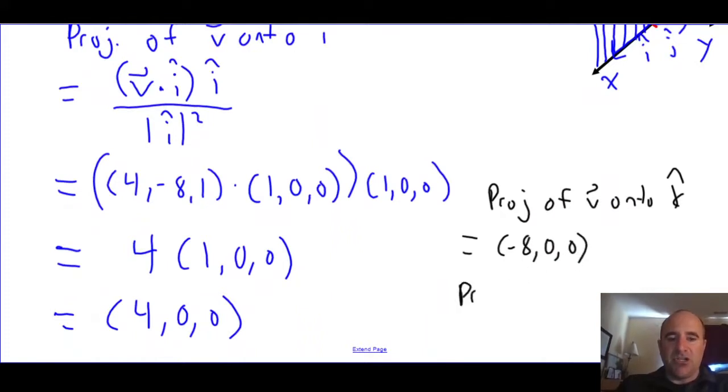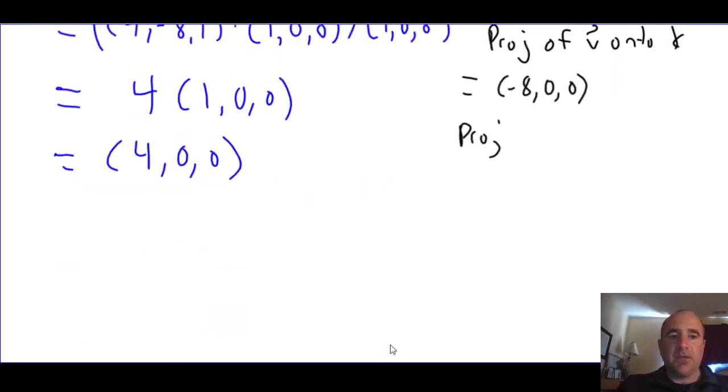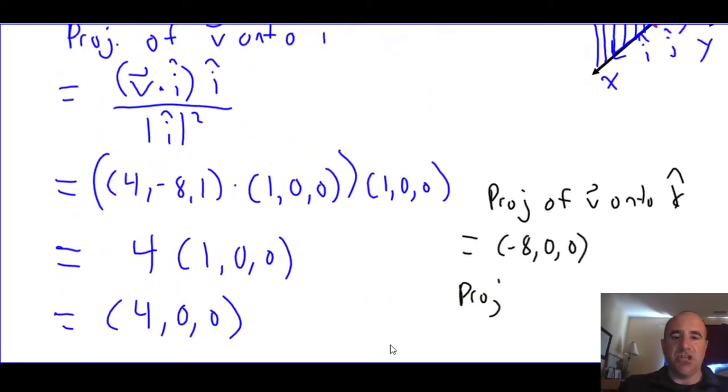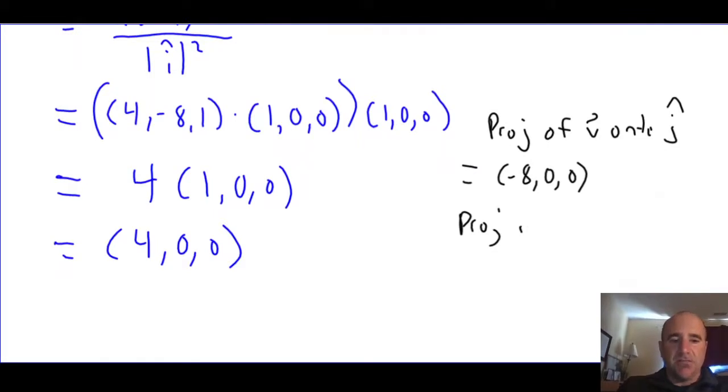Oh sorry, that's the projection of v onto j, not k. And the projection of v onto k would just be equal to 0, 0, 1.